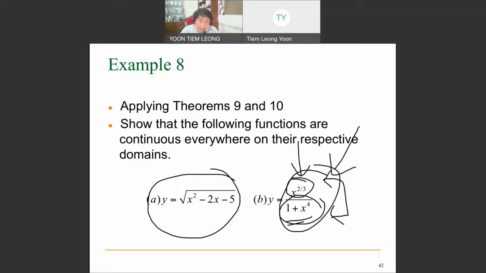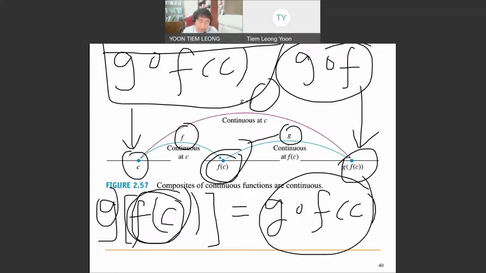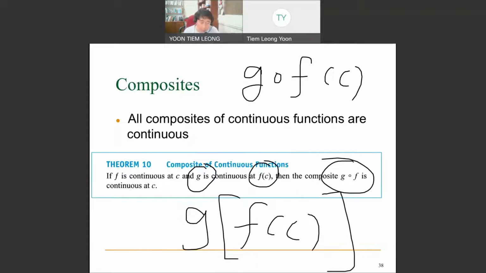So you are asked to prove a statement of continuity, not through calculations, but through applications of theorems. And in the process of doing so, you have to explain in words how you make use of the theorem, right? So these theorems are very powerful. You just apply them correctly.